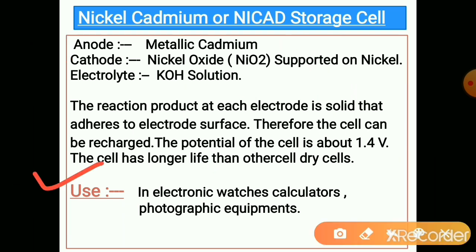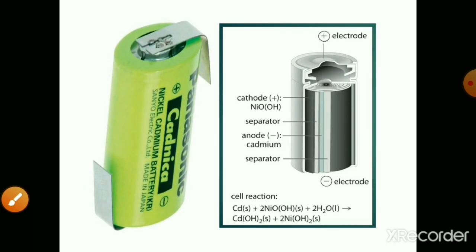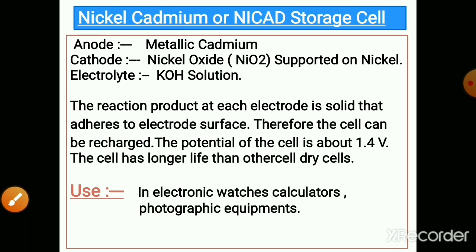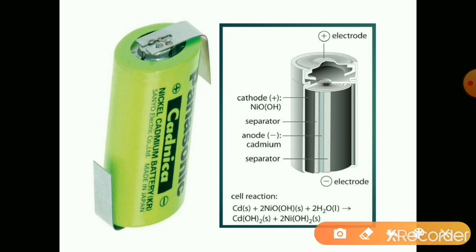This is used in electronic watches, calculators, photographic equipments. So this is about the use: electronic watches, calculators, photographic equipments. See here the diagram or the sketch of this nickel storage cell. It is shown in the figure how it is commercially available in the market as a Cadnica.